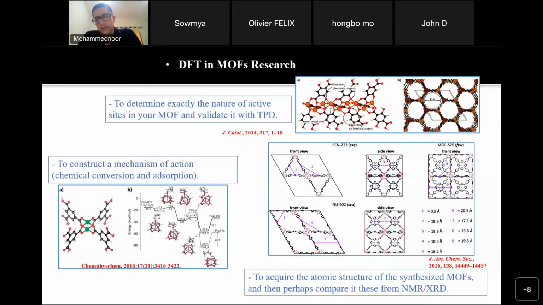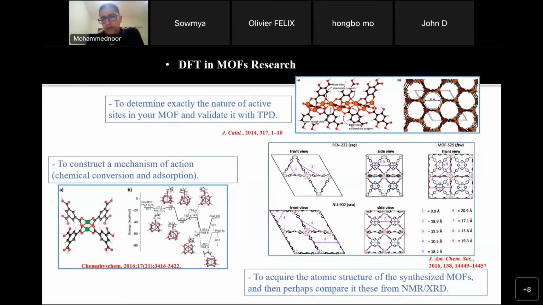Nowadays, students who study reaction engineering or catalysis are often trained in the lab to look into new, cutting edge materials, and one of those is metal organic frameworks, the MOF. So a student can learn how to construct a mechanism for the reaction in a MOF. They can study the chemical conversion as well as adsorption. If you look at this figure from this paper, this is the starting point, and this is the end.